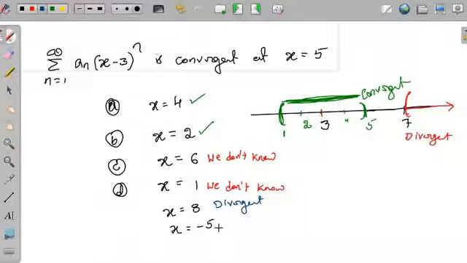And how about at x equal to negative 5? Divergent. Okay, so for negative 5 I need to see how far it is from the center.